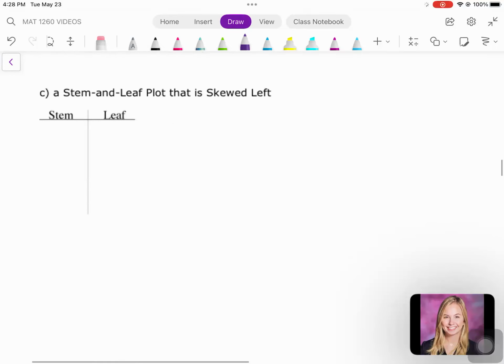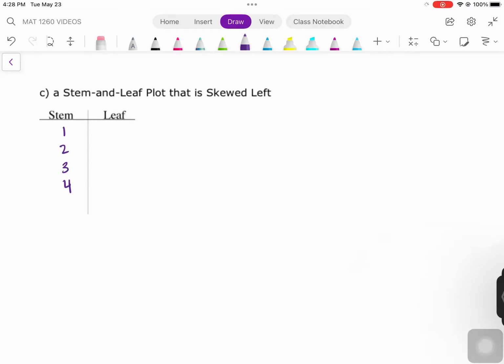A stem and leaf plot that is skewed left. So I'm going to give myself 4 stems, just 1, 2, 3, 4. And a skewed left, we want fewer values on the low end and more values on the high end. So if we think about our leaves, 1 is going to have data values that are like 10 to 19. 2 is going to be data values 20 to 29, so on and so forth.